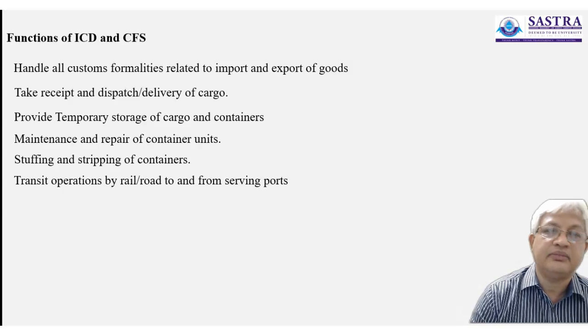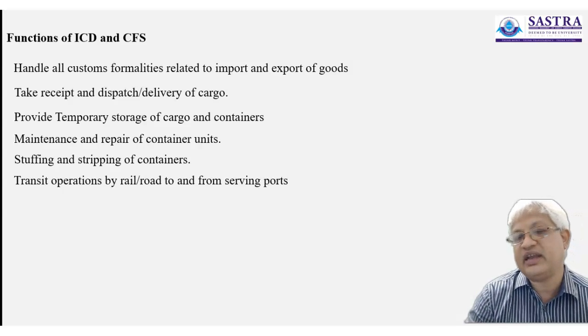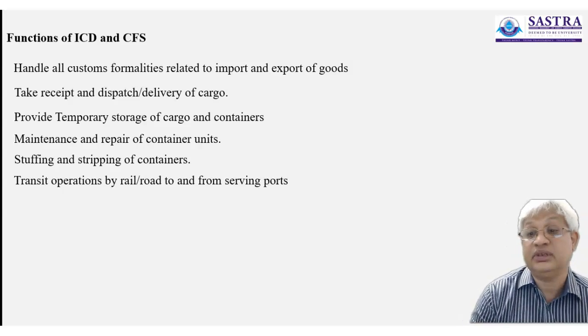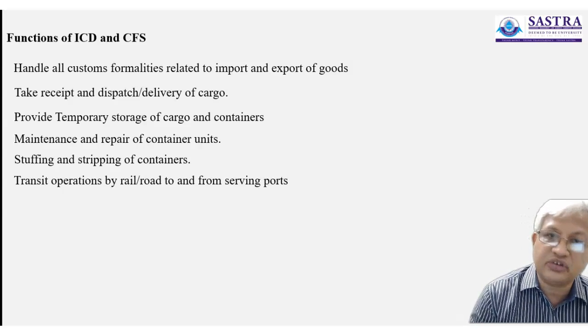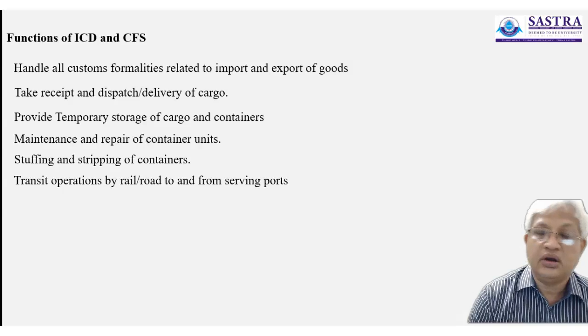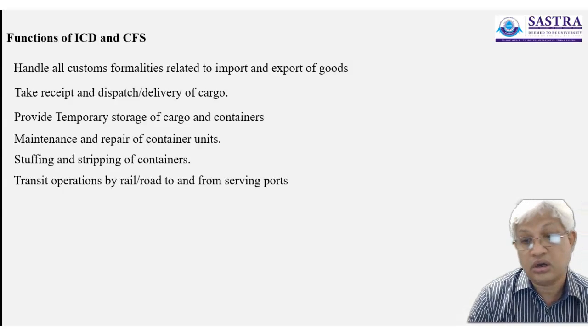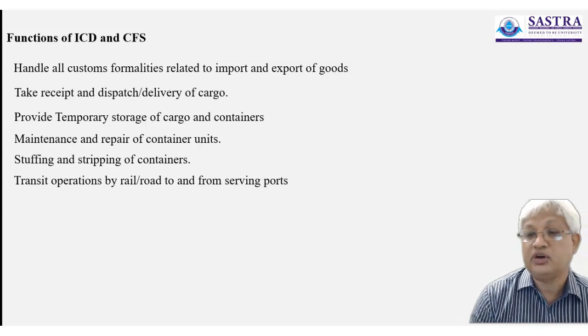They take receipt, dispatch and delivery of the cargo. That means ICDs and CFSs take receipt of the goods that come into the country, and also look into the dispatch or delivery of the cargo. They provide a temporary storage facility for cargo or even empty containers before they get filled again and loaded on the ship to be sent again.